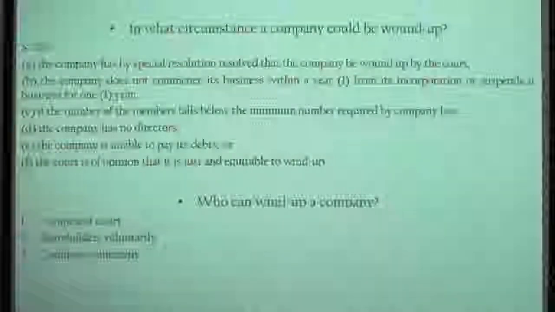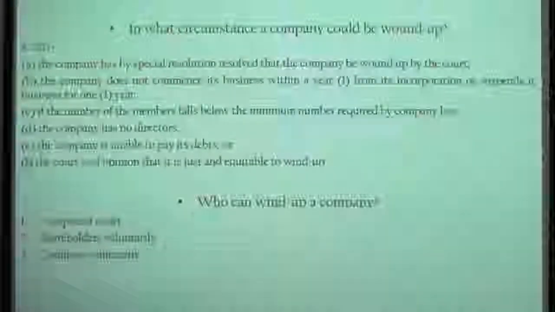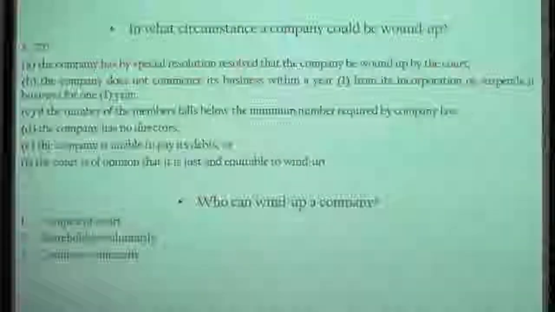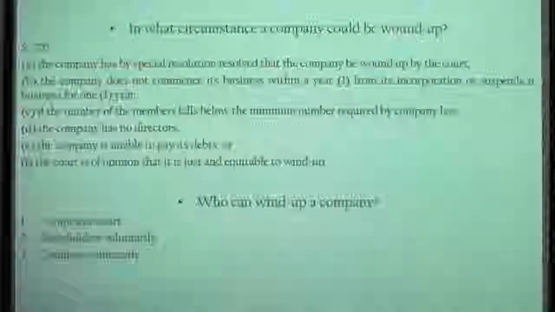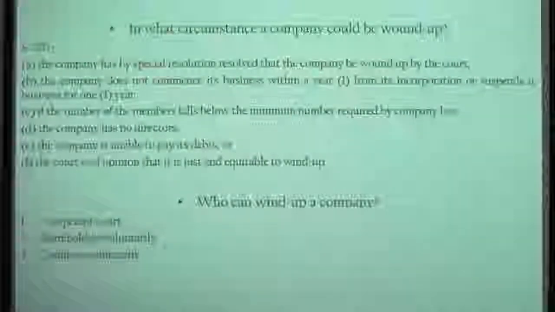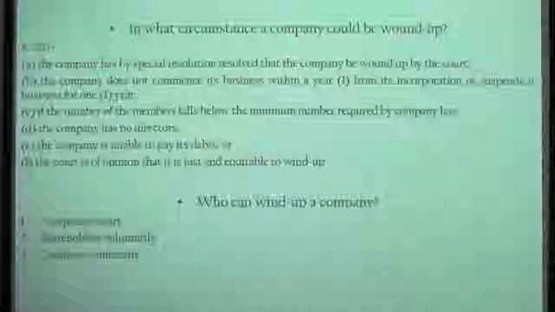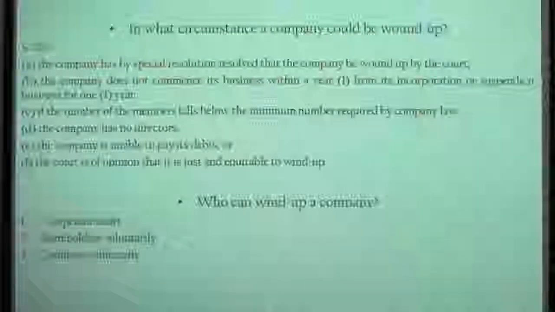The third way is if the number of members falls below the minimum number required by the company law. Now, I told you at the beginning that a private company requires 2 shareholders at least, and a public company can be incorporated with 1 shareholder.